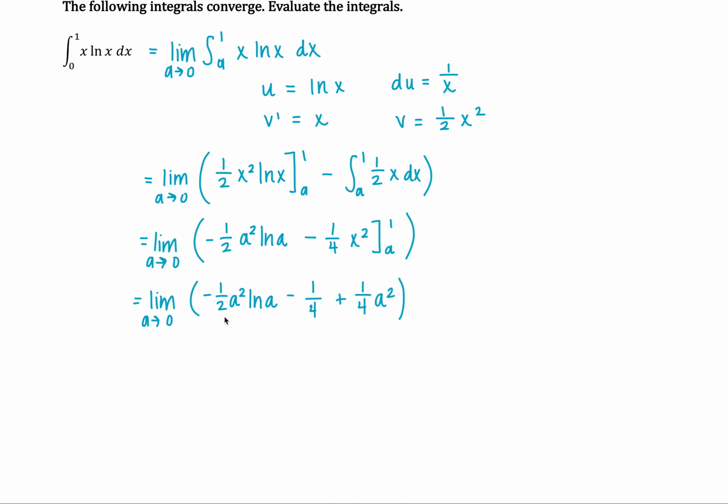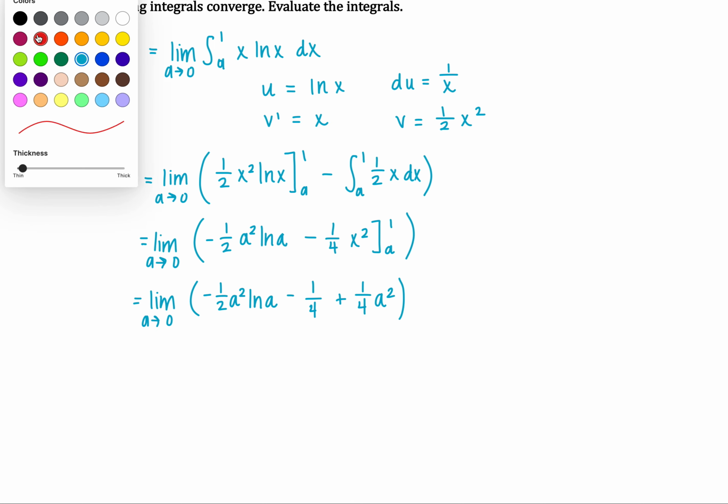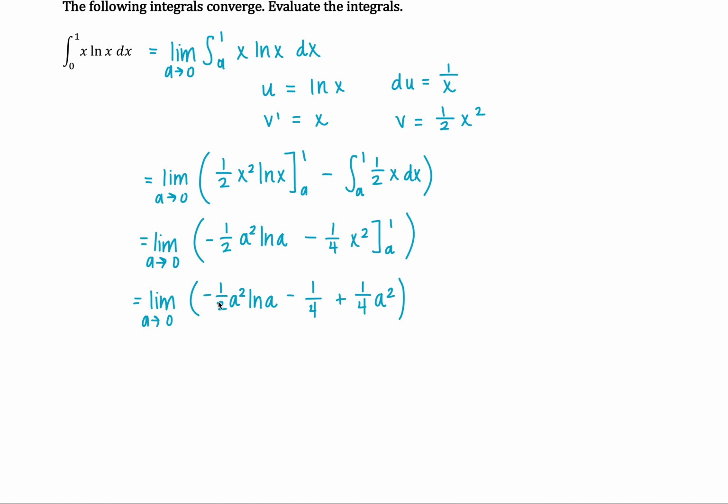The first term, however, that's an indeterminate form, so we're going to go back to our friend L'Hopital, and we're going to use L'Hopital's rule here. And let me switch colors again. The negative 1/2 doesn't impact anything, so I'm just going to look at the a squared times the natural log of a.